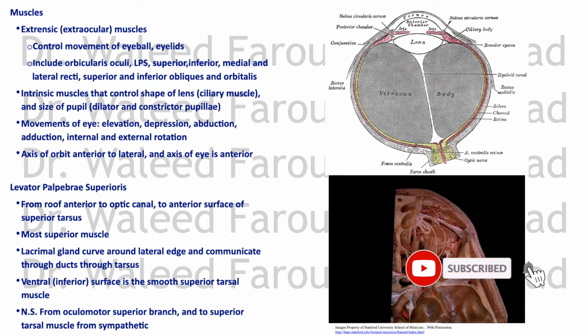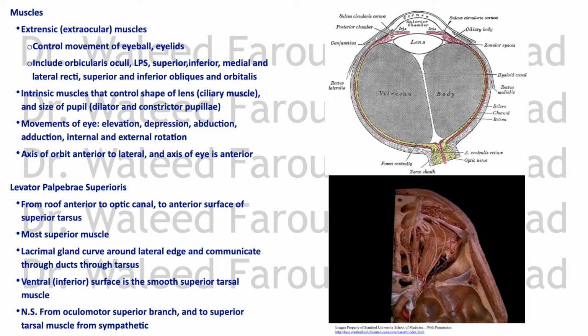Now we've studied the walls of the orbit and the fascia involved in the orbit, and we will start with the muscles. You can classify the muscles of the orbit as extrinsic and intrinsic. Extrinsic means they are the ones that control the eyelids and the movement of the eyeballs.